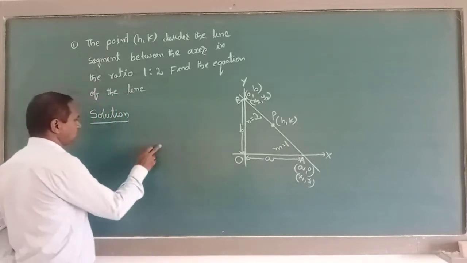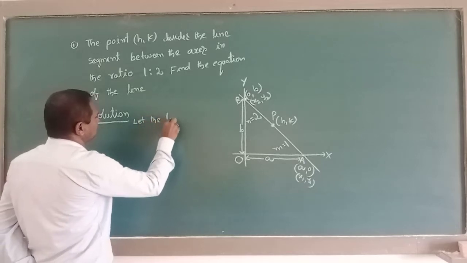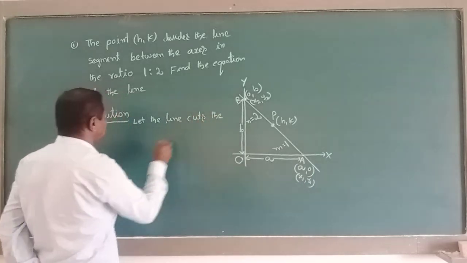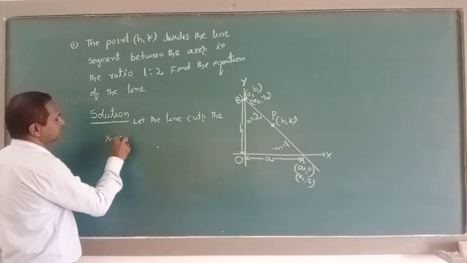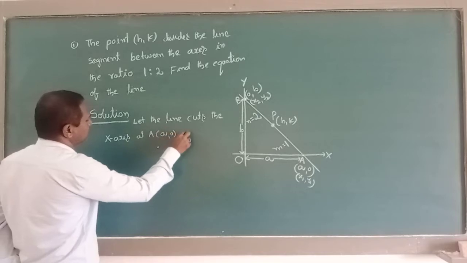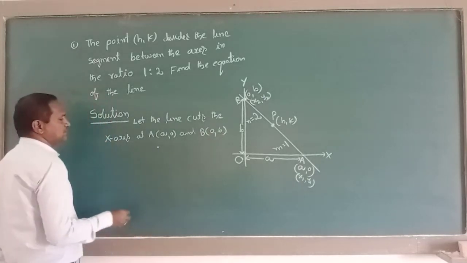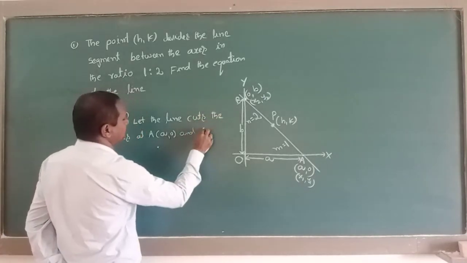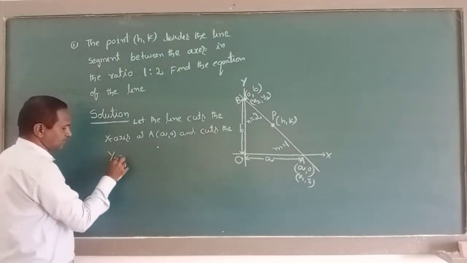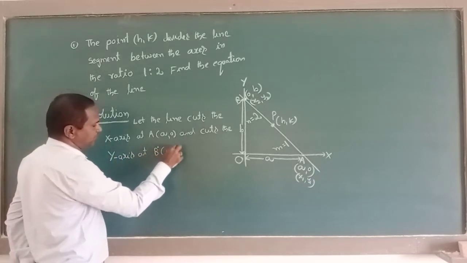See here, let the line cut the x-axis at capital A, small letter a comma 0, and cut the y-axis at capital B, 0 comma small letter b.